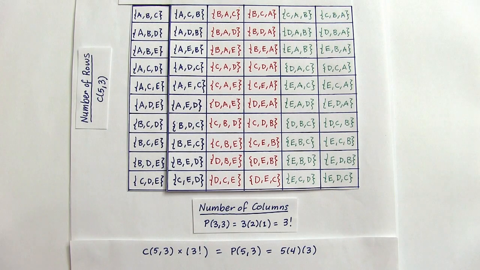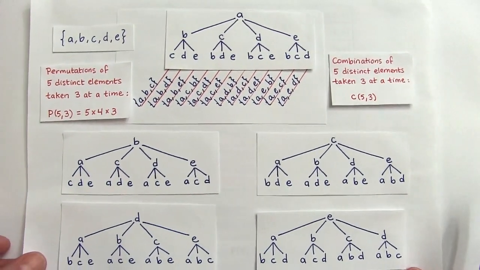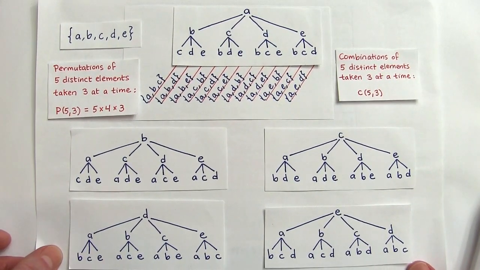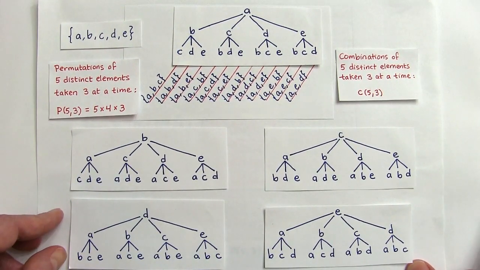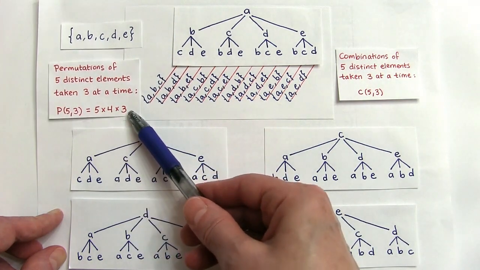But on the other hand, this quantity, the number of permutations of 5 distinct elements taken 3 at a time, is the same as the number of leaves in the 5 trees shown in this diagram, which, recall, is 5 times 4 times 3.